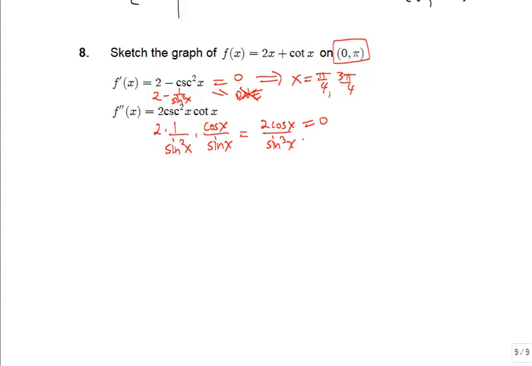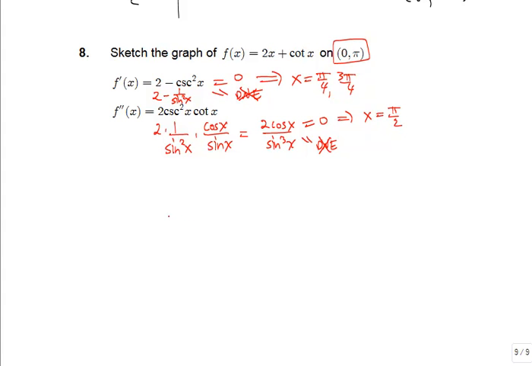So where is this 0 or undefined? It would become undefined at 0 or pi, but again, that's not in our interval that we're looking at, so we don't have to worry about that. Where does cosine hit 0 between 0 and pi? It hits 0 at pi over 2. So we have that as a potential point of inflection.